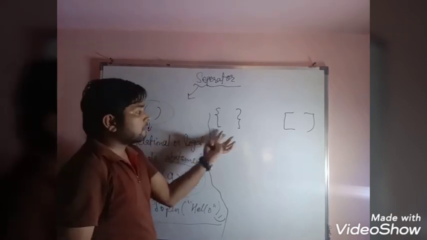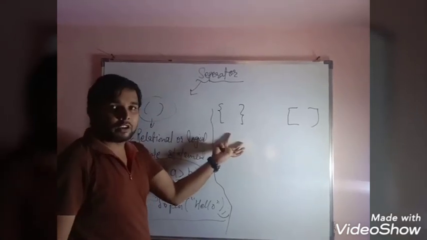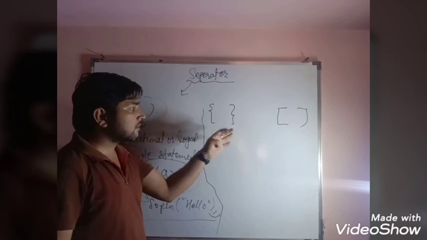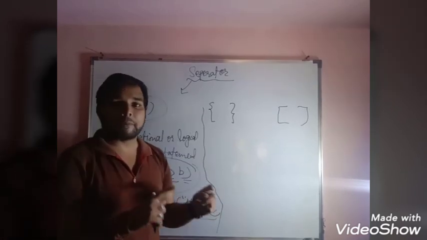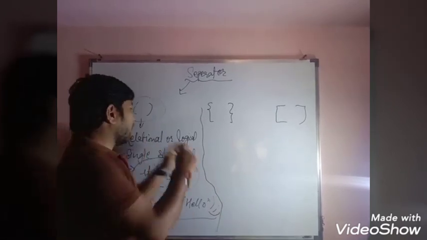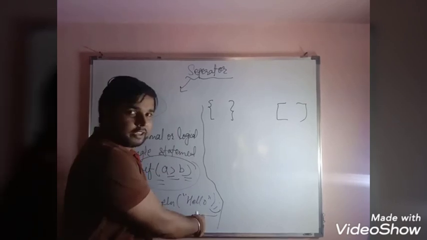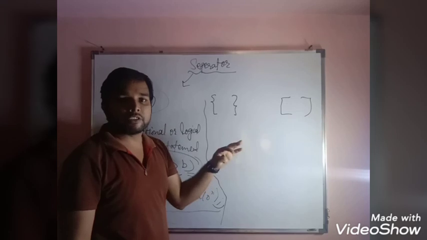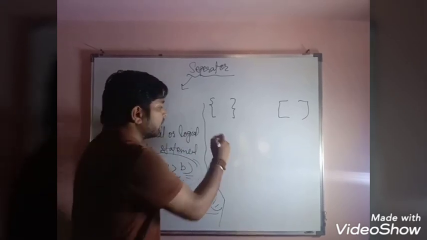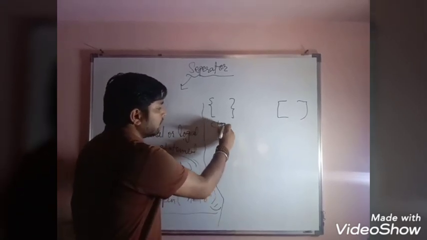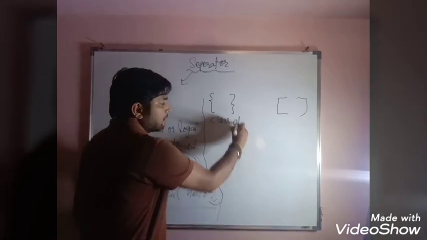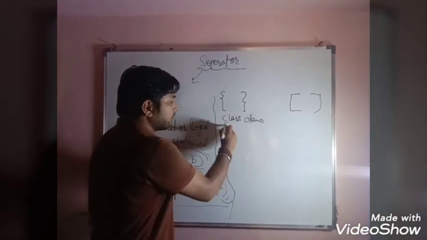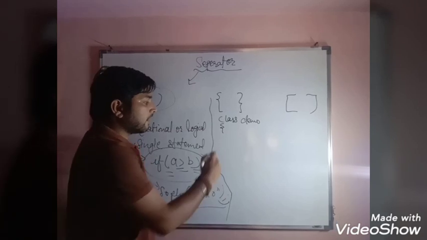Now we have to come to curly bracket. So what is the use of this curly bracket? This curly bracket is used to separate multiple statements. Normal bracket is used to separate a single statement, but with the use of curly bracket you can separate multiple statements in Java programming. For example, if I have created one class demo, after that we will start one curly bracket.